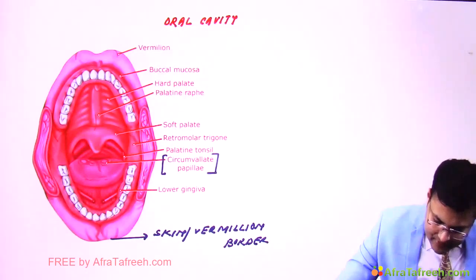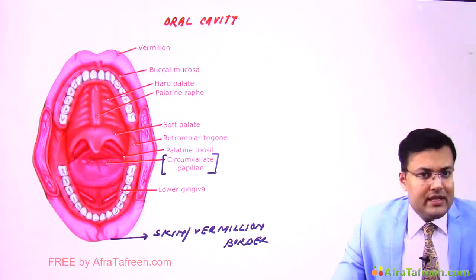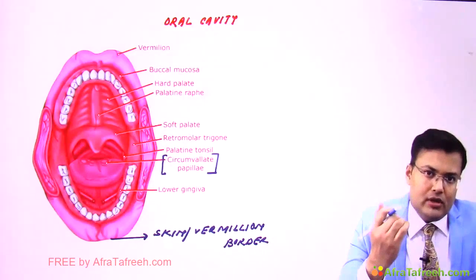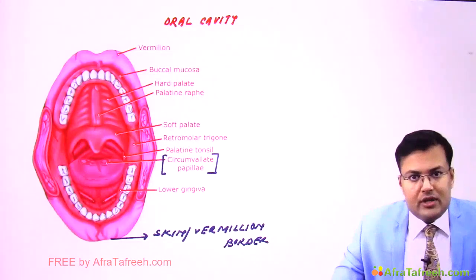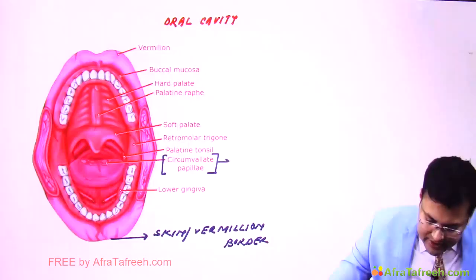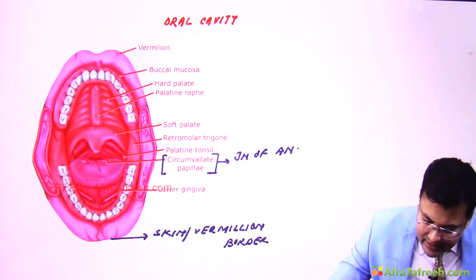circumvallate papillae. Clear? This circumvallate papillae represents the junction of anterior 2/3 and posterior 1/3 of tongue. So this junction is the posterior boundary.